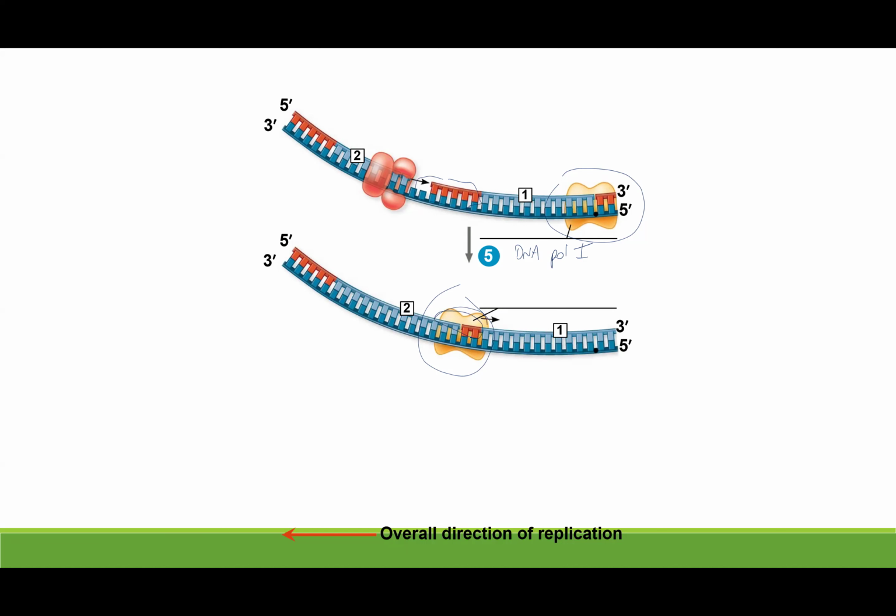It's replacing that RNA with DNA because we're trying to make DNA. That RNA primer is there temporarily to get the replication process started. But in the end, we don't want a final strand that has bits of RNA here and there. So DNA polymerase 1 replaces the RNA primer with DNA, with the correct complementary DNA nucleotides.